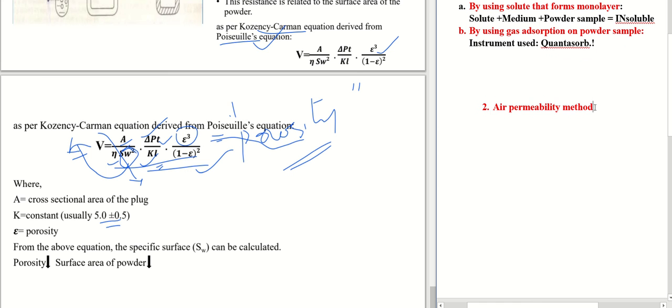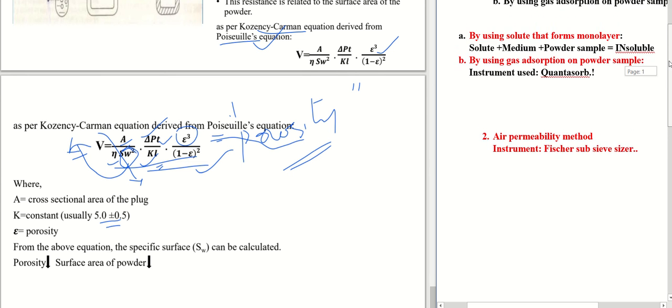This is the air permeability method, and the instrument used is the Fisher sub-sieve sizer. Being pharmacists, we need to know the different methods that can be used to determine the specific surface area of the powder sample and the particle volume of the sample given.